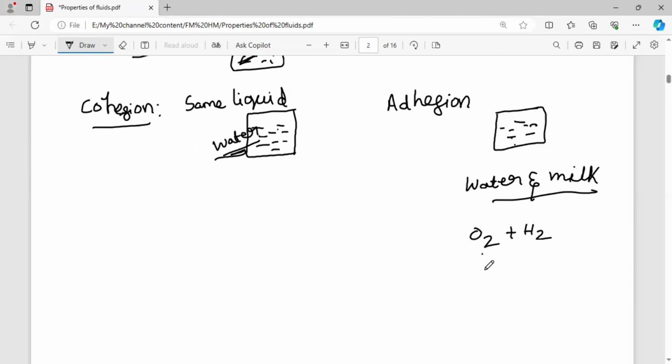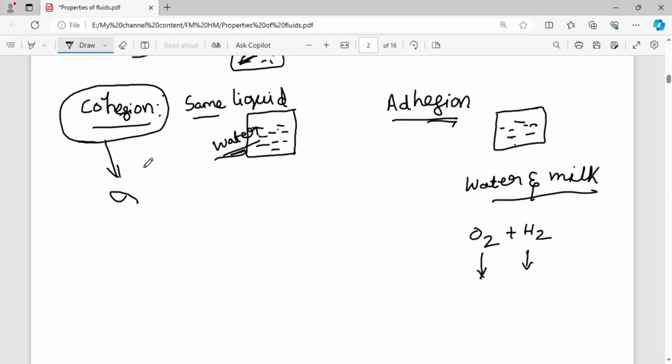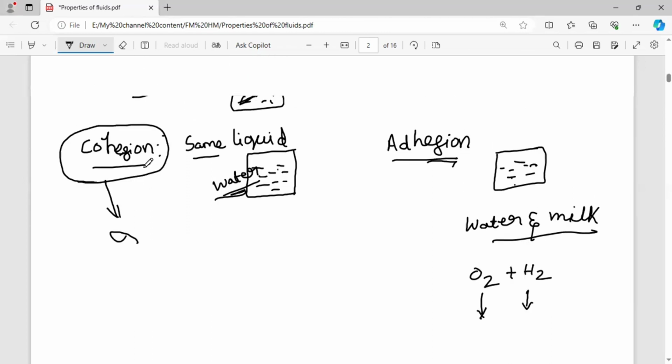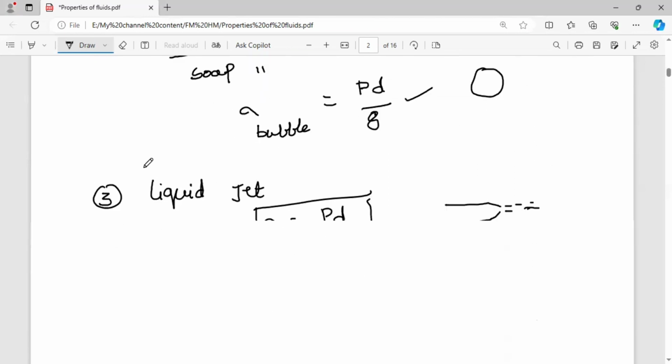That means two different liquids or two different gases. That property is called adhesion. Force of attraction between the same liquid is cohesion, and between different liquids is adhesion. Surface tension is caused due to cohesion only. Now this is about the property of surface tension.